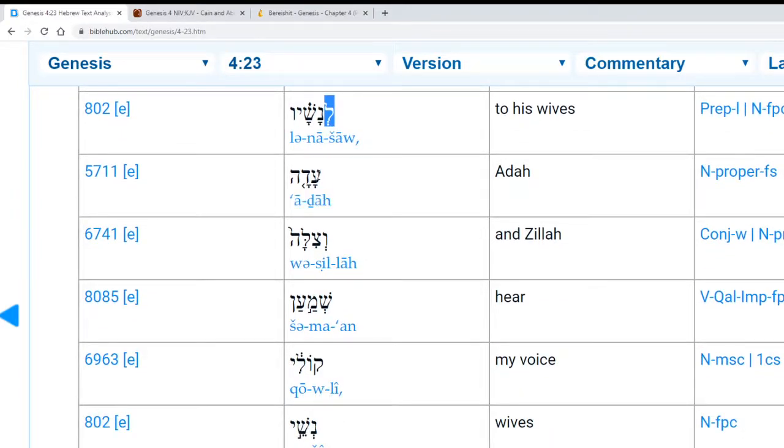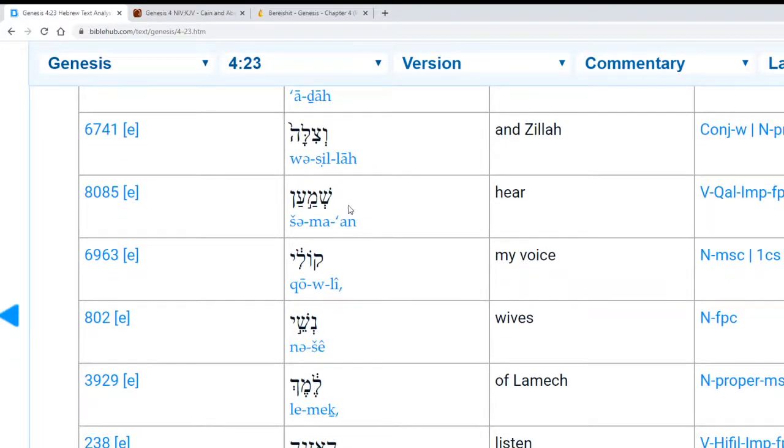Ada vetzila, so their names, Ada, and that's conjunctive vav, Tzila, Shem'an. So this is actually a conjugation that's used not in modern Hebrew but in the Bible. It is the feminine plural of listen, right? So Shema means listen, Shin Mem Ayin.